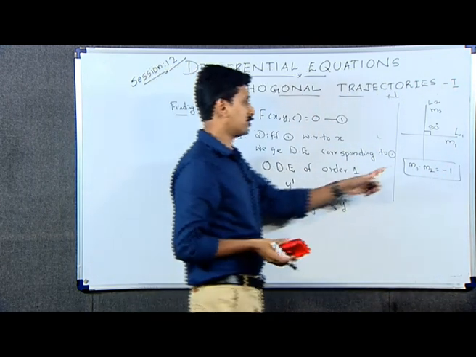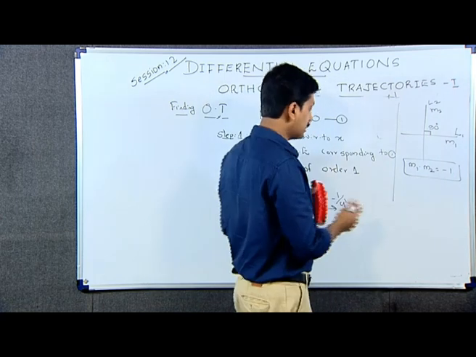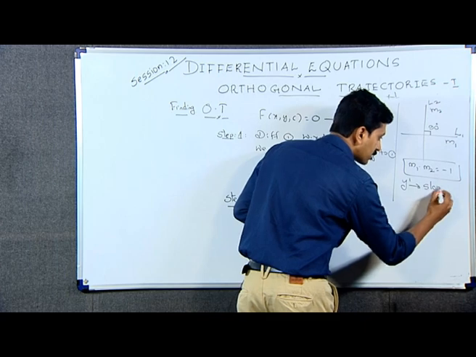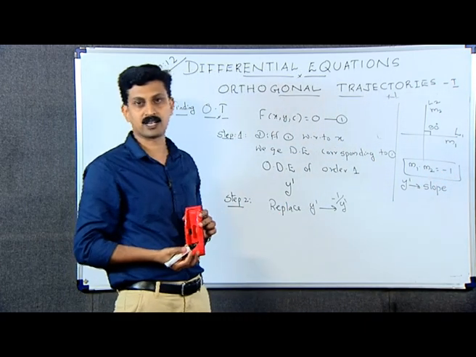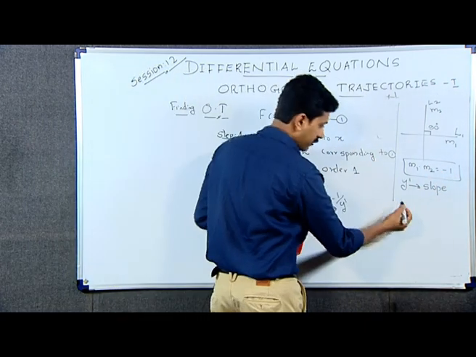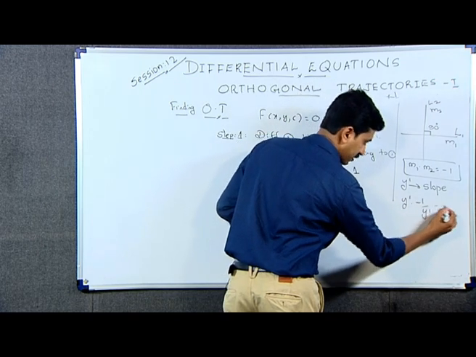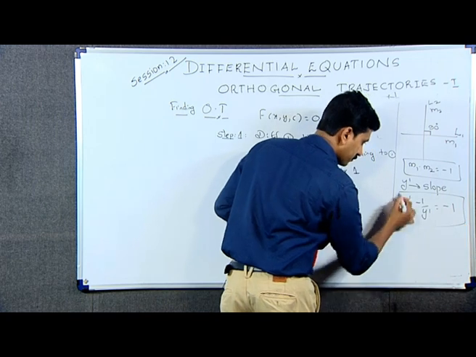We already know this, and in most applications we treat y dash as the slope of the line or the slope of the tangent line, and we have y dash into minus 1 by y dash is equal to minus 1.